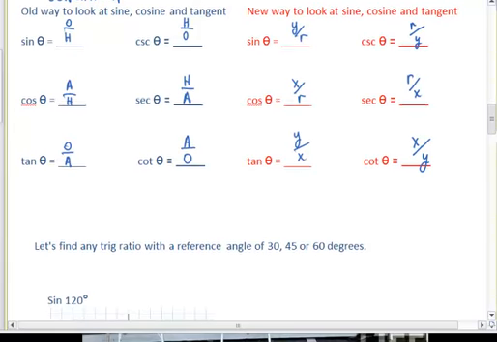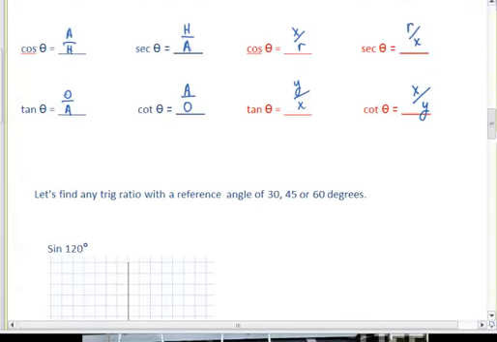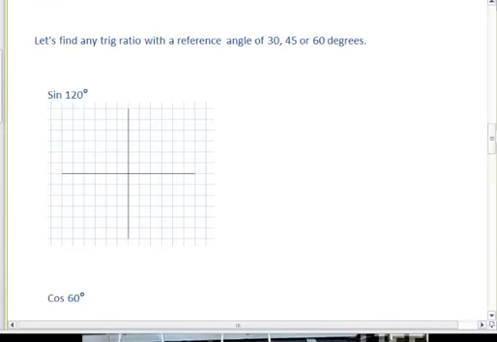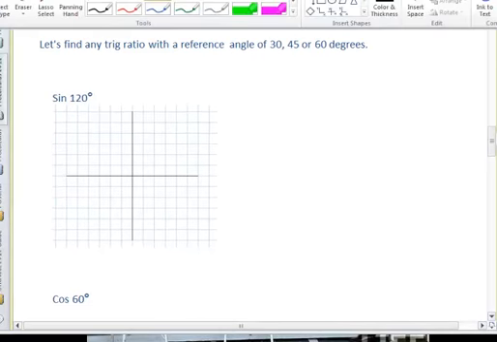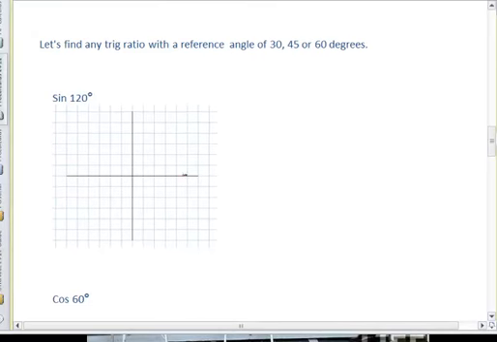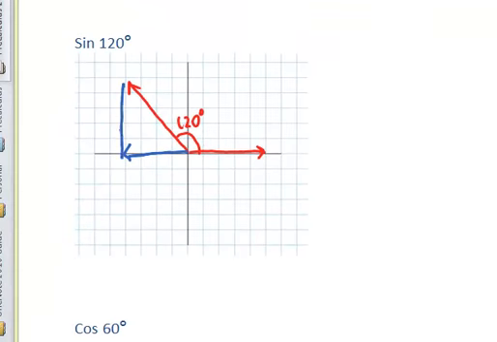So now we're going to use that information to help us figure out the sine of 120 degrees. So again, we'll go through the steps. I'm just going to use red so it highlights the angle. We have 120 degrees. I'm going to draw my angle to 120 degrees. There's 120. And now I remember that I'll draw in my reference triangle. And my reference triangle says that because it's 120, this angle will be 60.